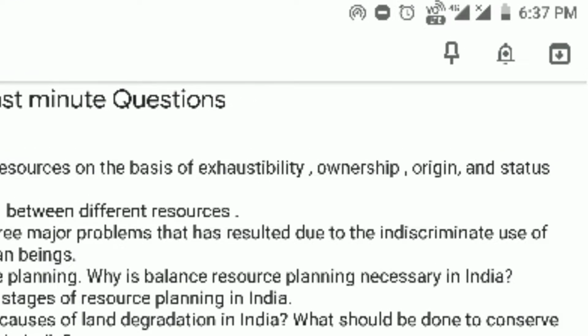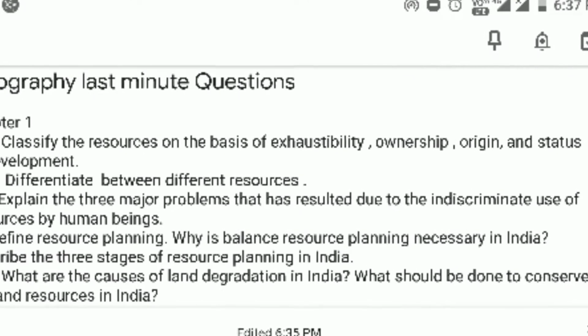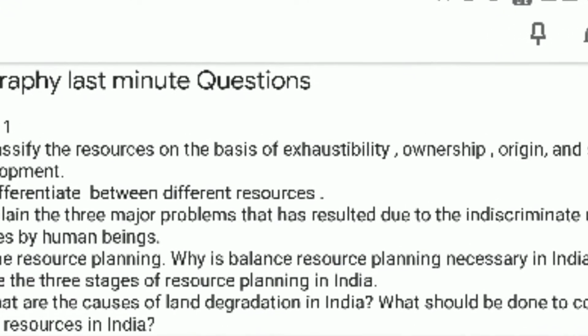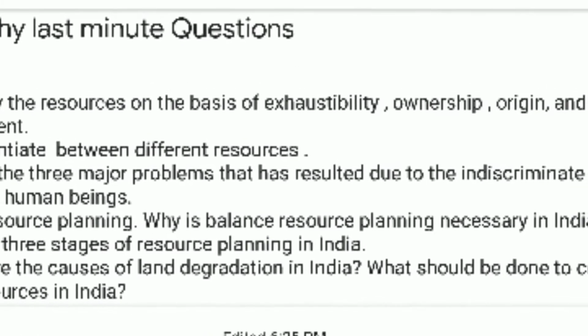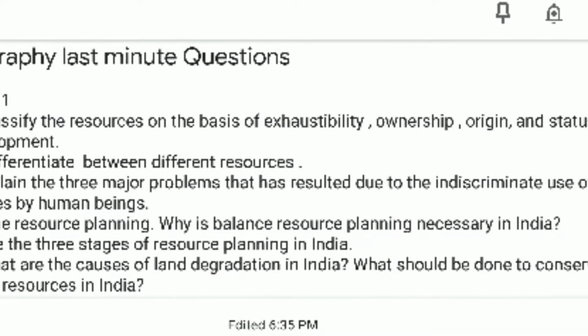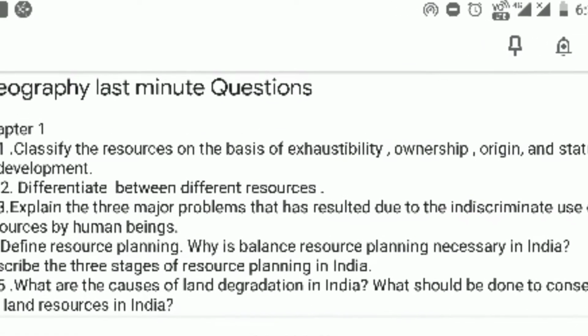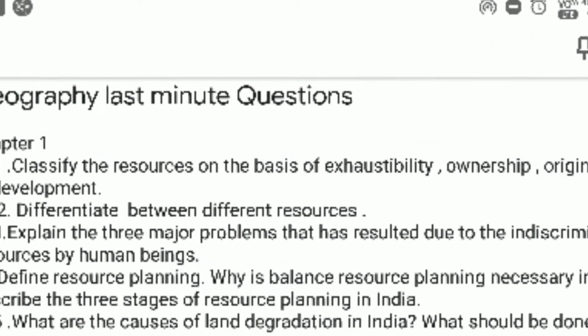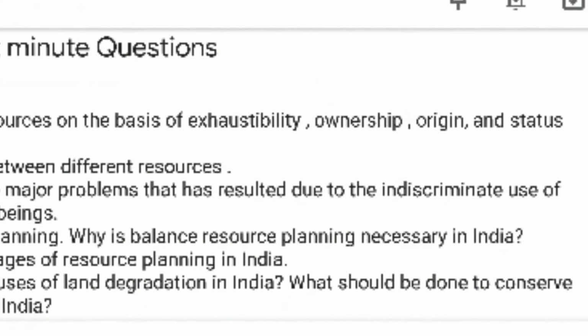After that is another important topic, importance of soil. If importance of soil or importance of land is asked, it means how they are useful to us, how soil helps us, how land helps us. Students, due to human activities, many resources are getting disturbed.